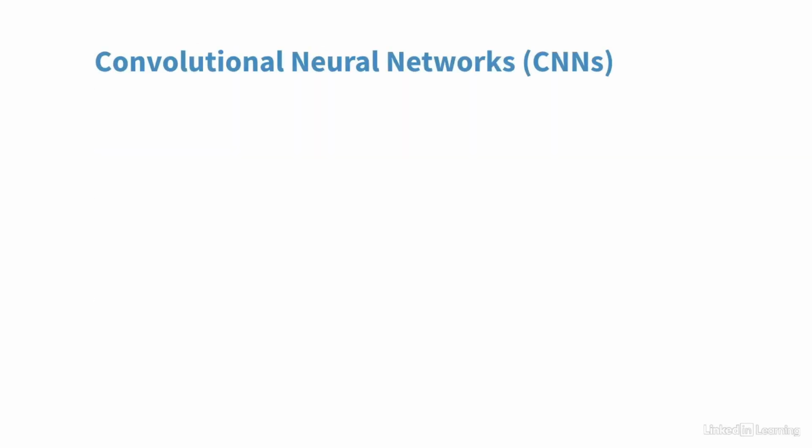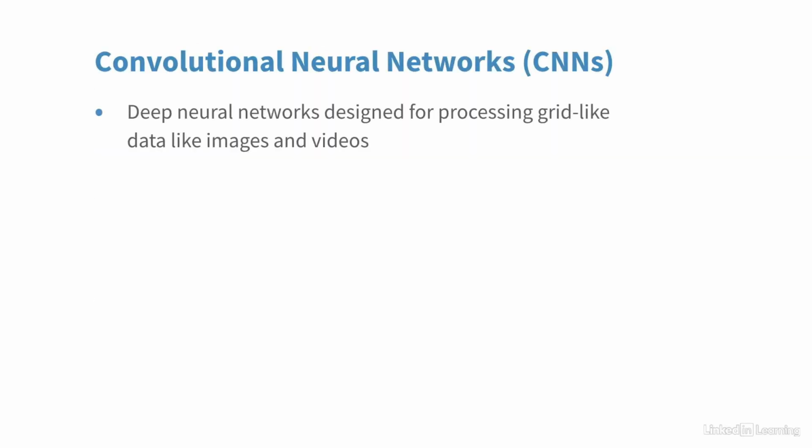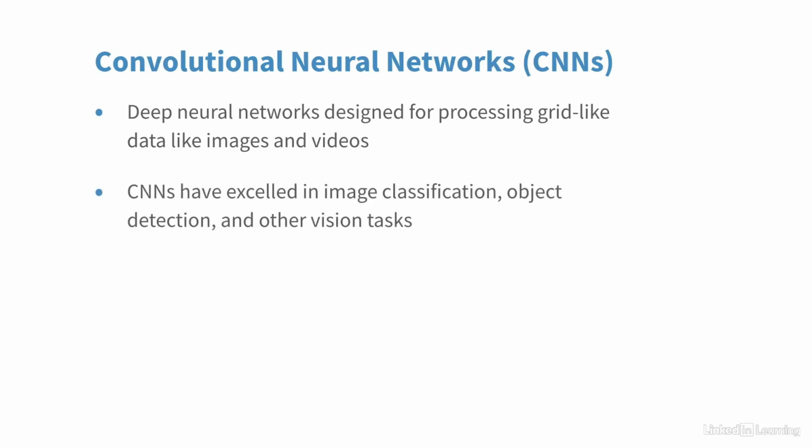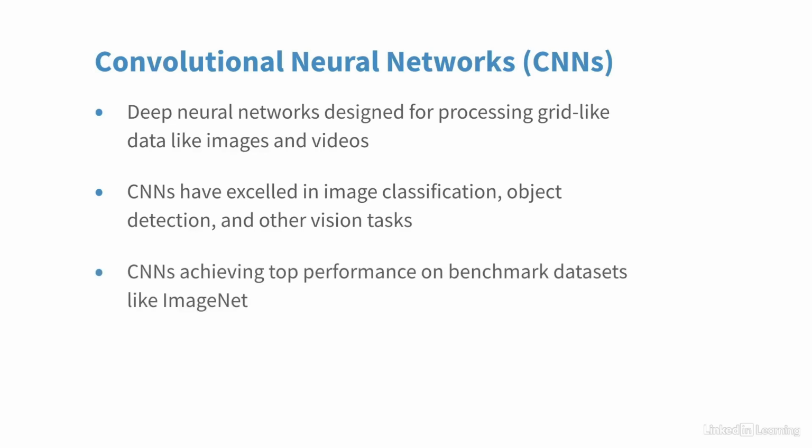But what are CNNs? They're deep neural networks that are designed to process data with a grid-like structure, such as images and videos. They have been proven to be effective at image classification, object detection, and other computer vision tasks. And they have been used to achieve state-of-the-art results on benchmark datasets such as ImageNet.